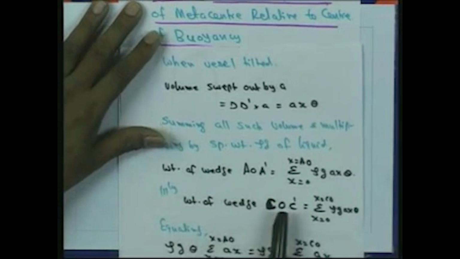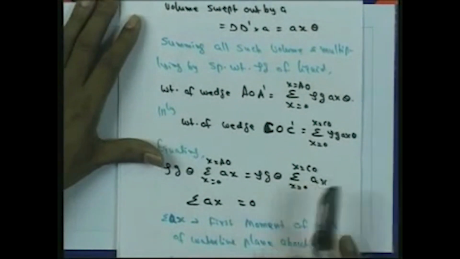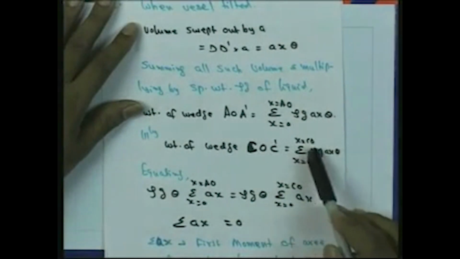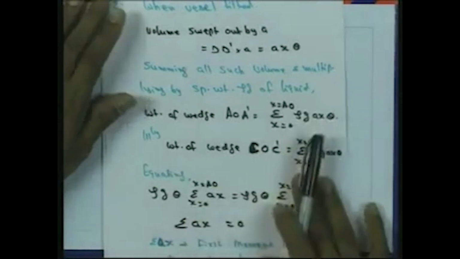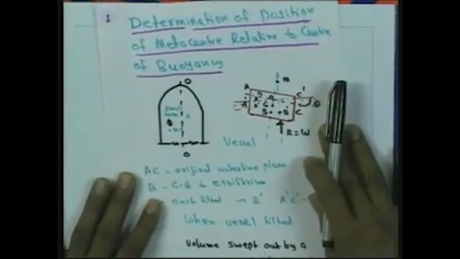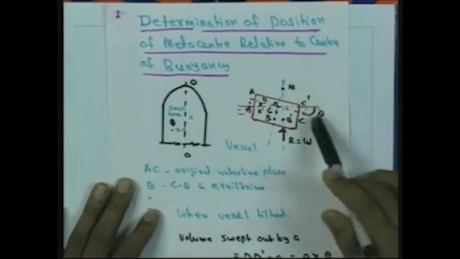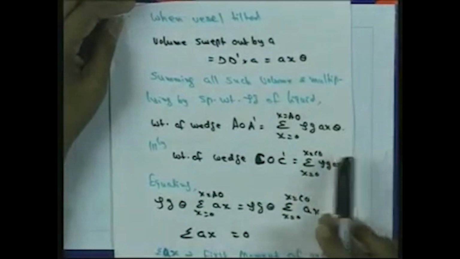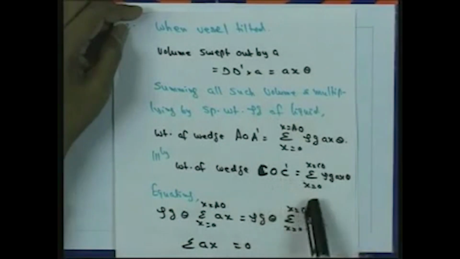Similarly, the weight of the wedge C O C dash we can write as sigma x equal to 0 to CO of rho g Ax theta. Since the weight of the wedge A O A dash is equal to the weight of the wedge C O C dash, we can equate them.